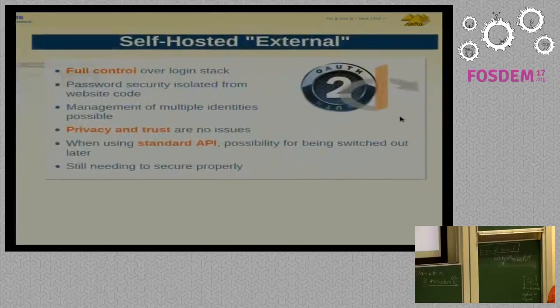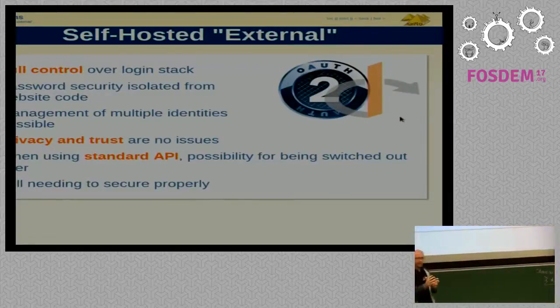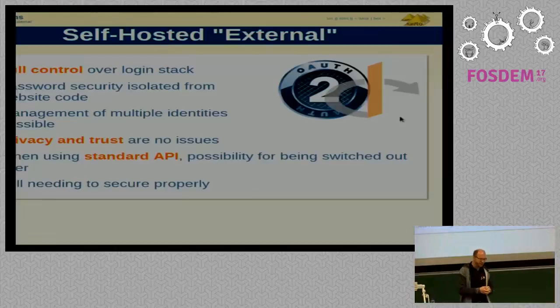So I figured doing everything locally in the website is maybe not the best solution, but I don't trust those big external providers too much, and I want privacy from them. So what can I do there? Well, I may be able to just implement the same thing as for an external provider in my website, and then basically with the same protocols talk to something that I still host locally, but at least I have everything encapsulated there, and I call that local external or self-hosted external alternative.